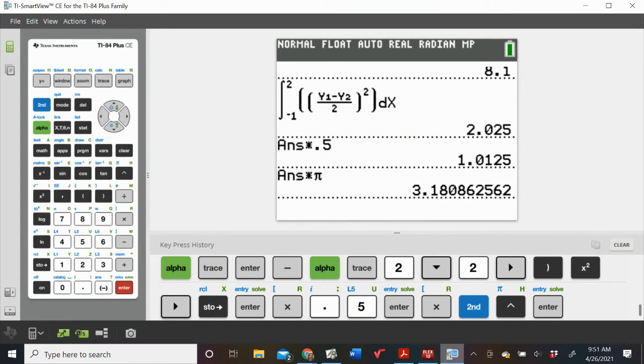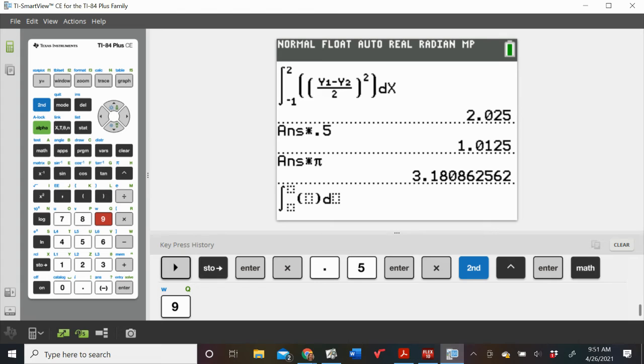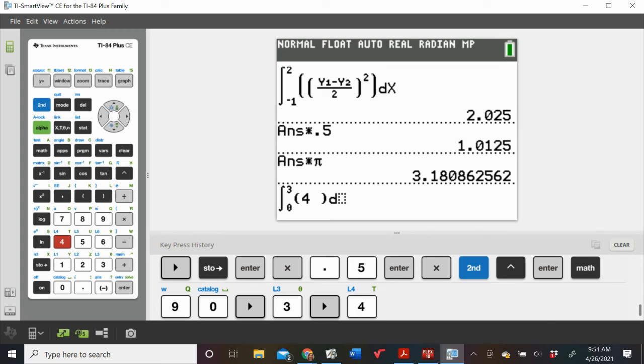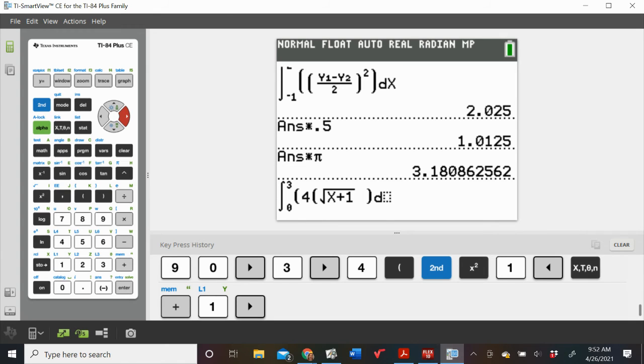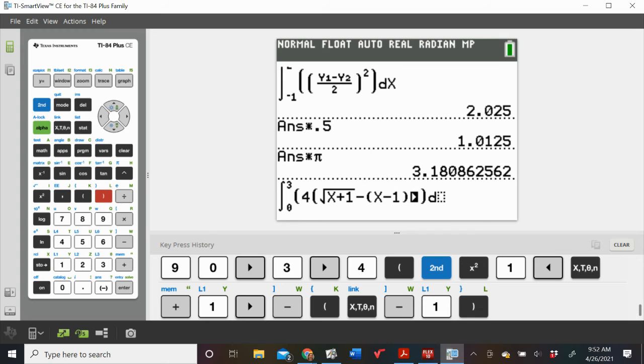So I have math 9 from 0 to 3 of 4, parentheses, root y plus 1, and square root minus parentheses y minus 1, close parentheses, close the other parentheses, dy.